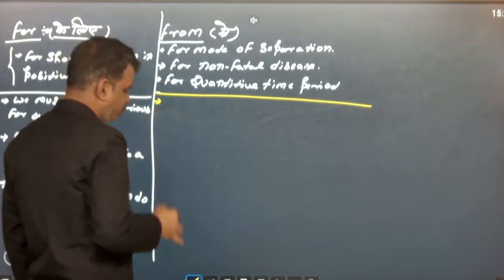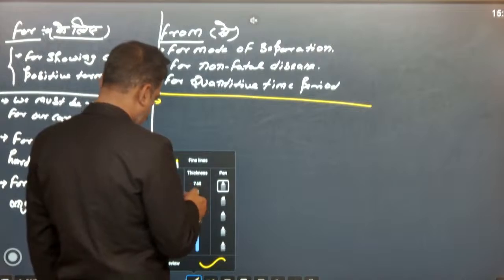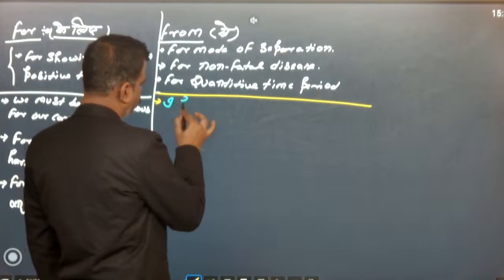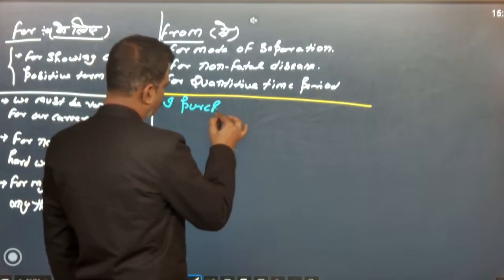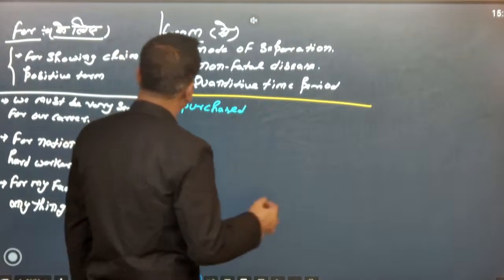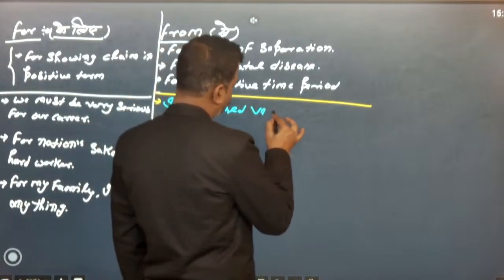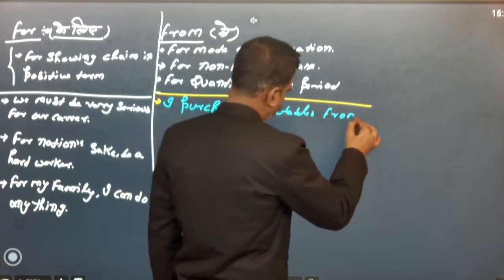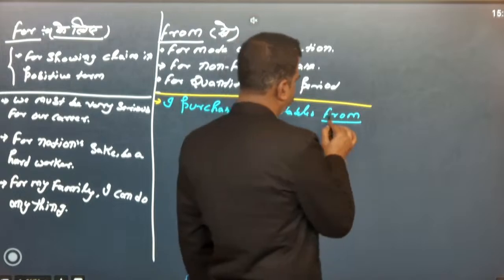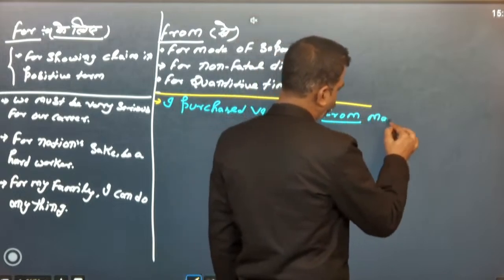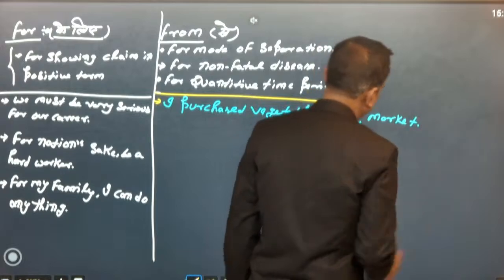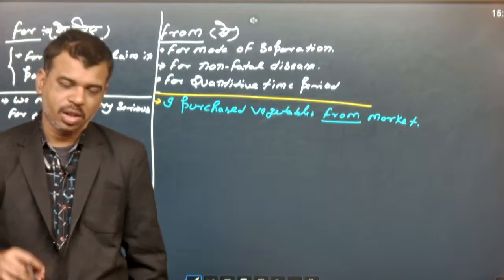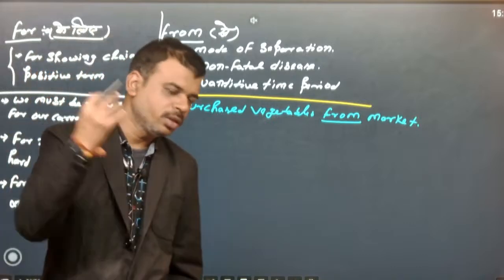Suppose, I purchased vegetables from market. इसमें क्या होता है? सेपरेशन, अलगाव होना चाहिए. और अगर सेपरेशन है, अलगाव है, देन यू कैन गो विथ फ्रॉम.